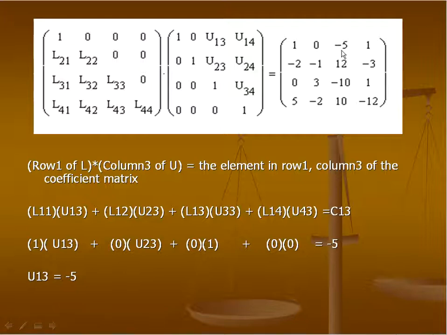So row 1, column 3 is negative 5, so you set it equal to negative 5. So this drops out, this drops out, this drops out, and U13 is equal to negative 5.